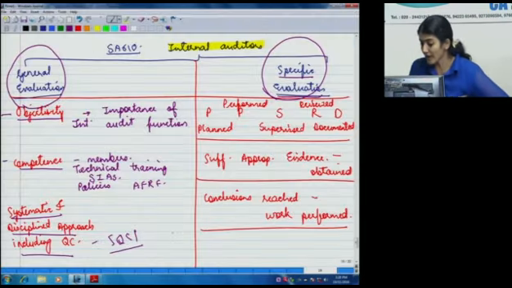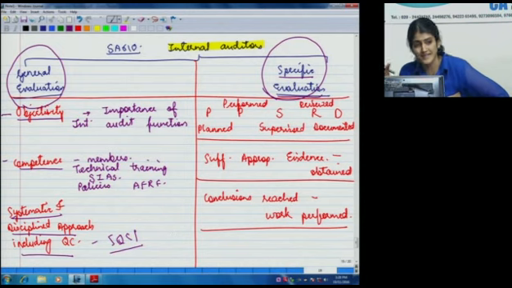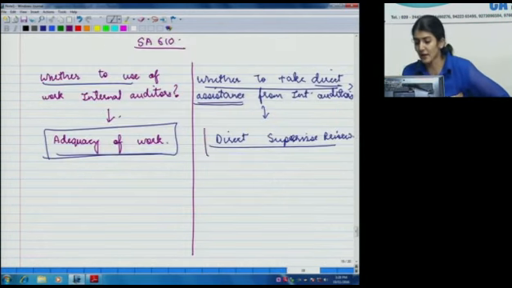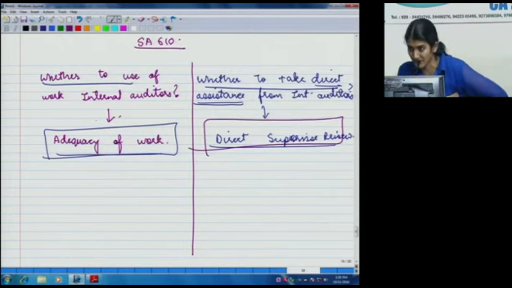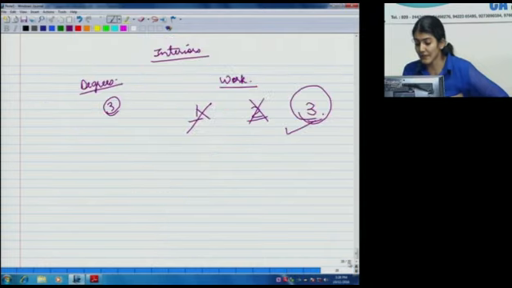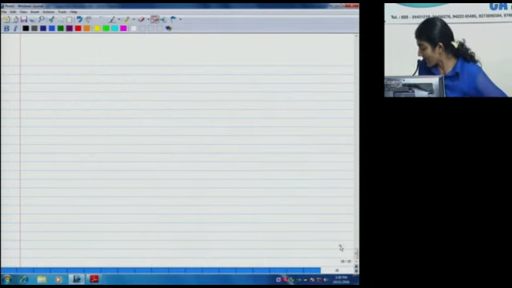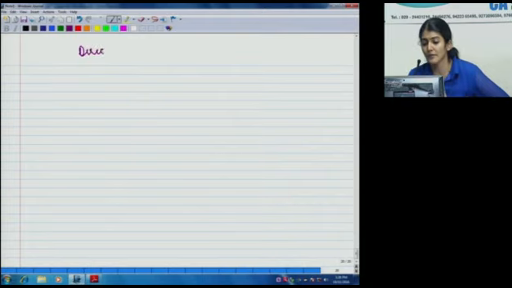Right. And now I come to the last part, the direct assistance part. That's a new entry now. So till now, obviously, in the question bank we are only seeing questions on the general and the specific evaluation. Now what is the new entry over there? The direct assistance. In that case you will have to direct, supervise and review the work of the internal auditors.